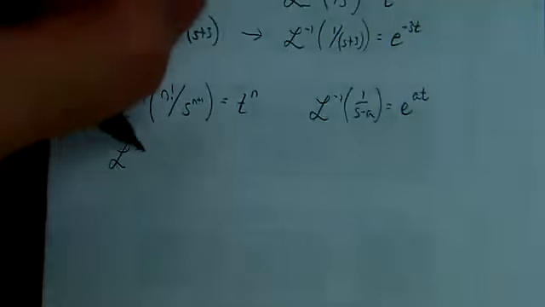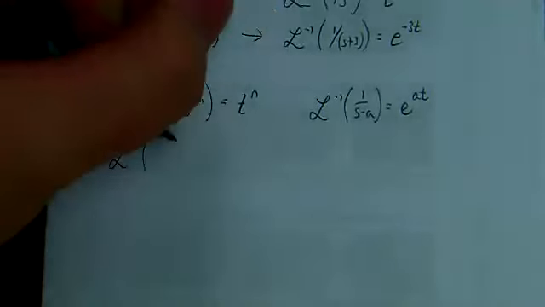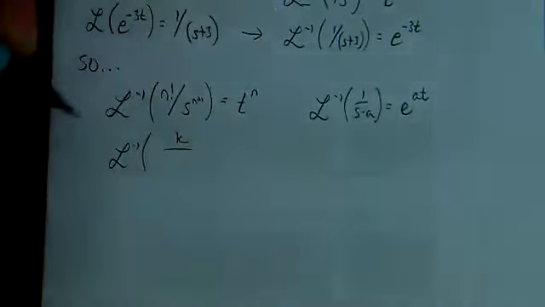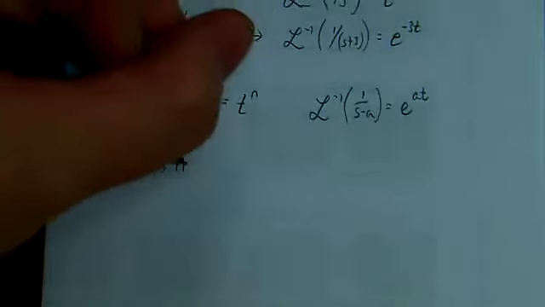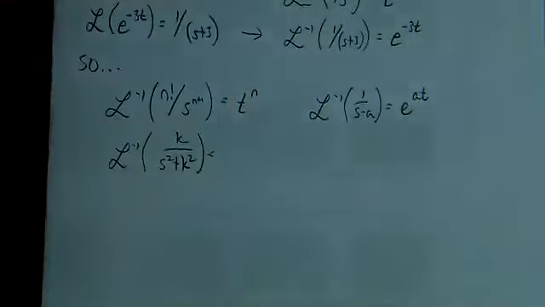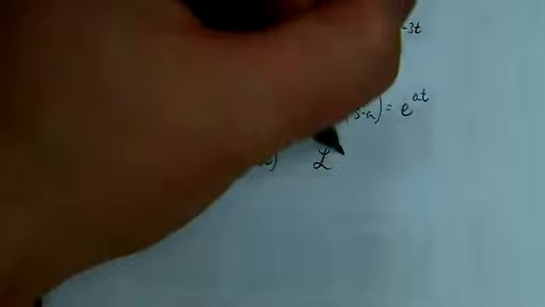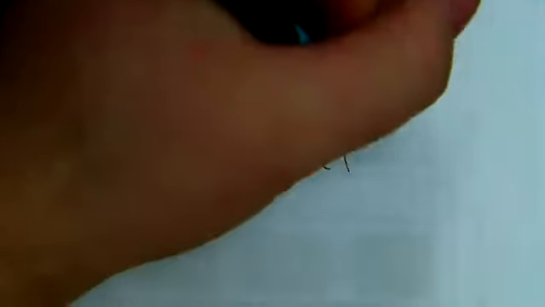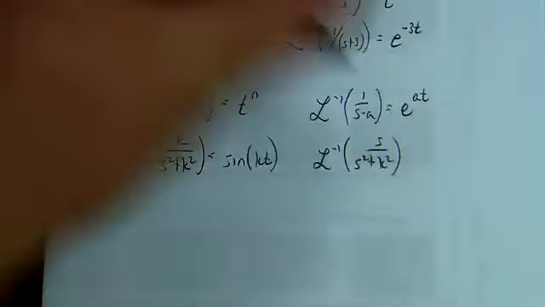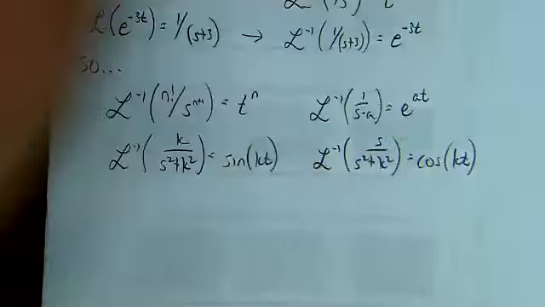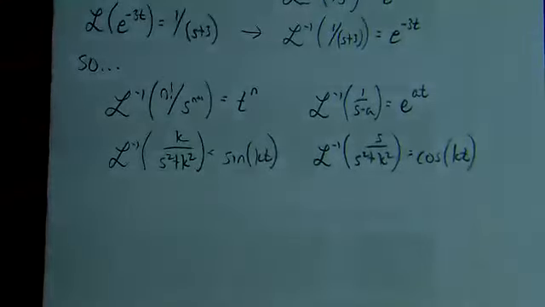We can say that the inverse Laplace transform of k over s squared plus k squared is sine of kt. We can say that the inverse Laplace transform of s over s squared plus k squared is cosine of kt.